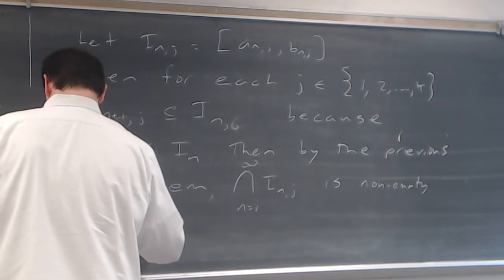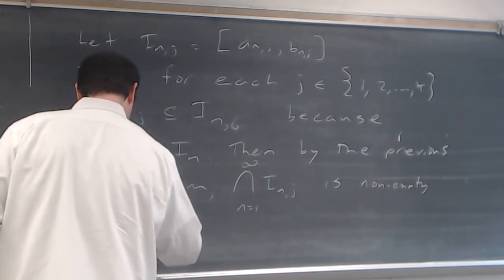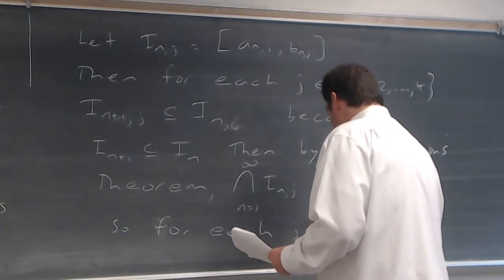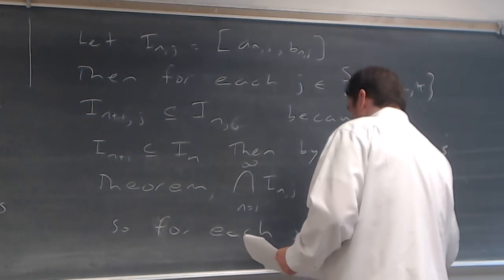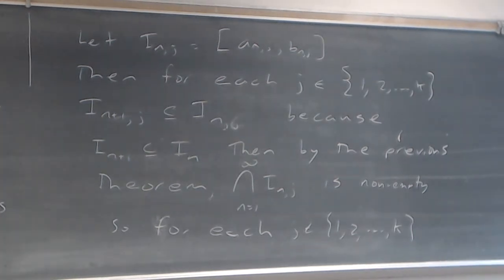So that means for each j from 1, 2, up to k, for each one of them, we've got an x sub j coordinate, if you will.